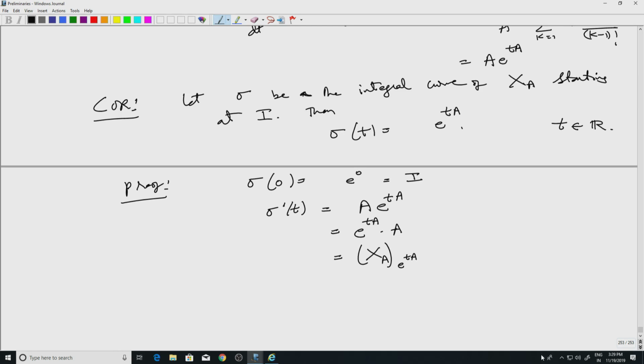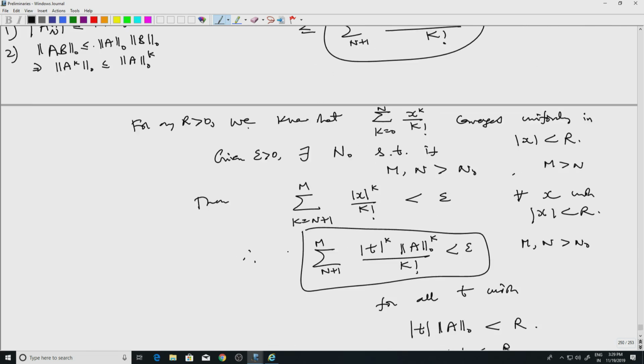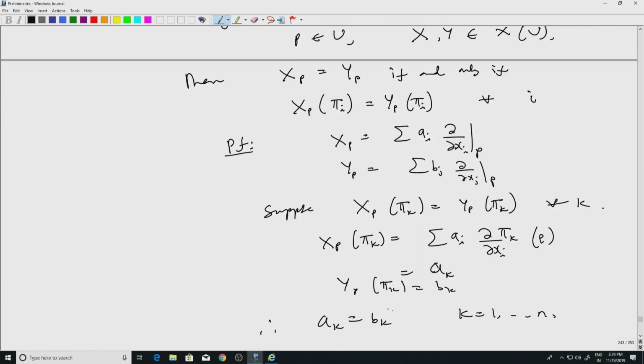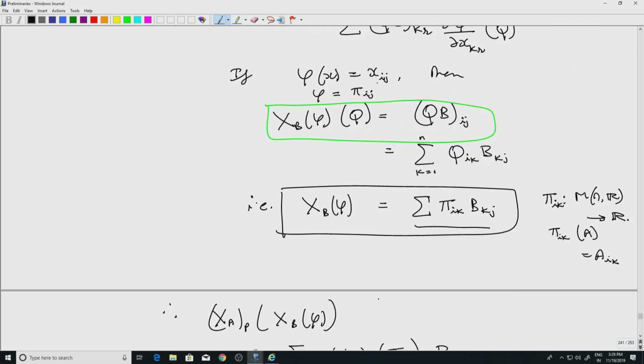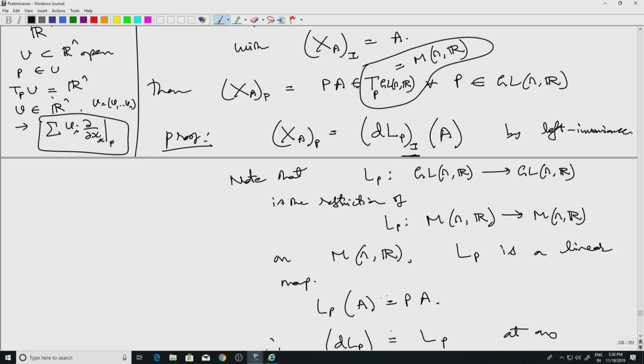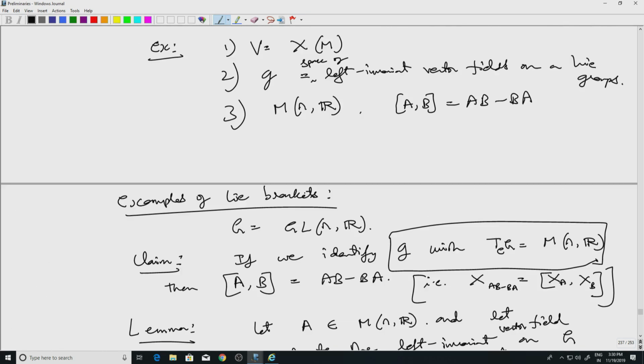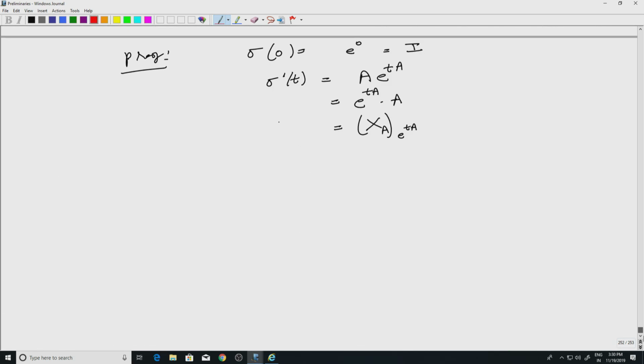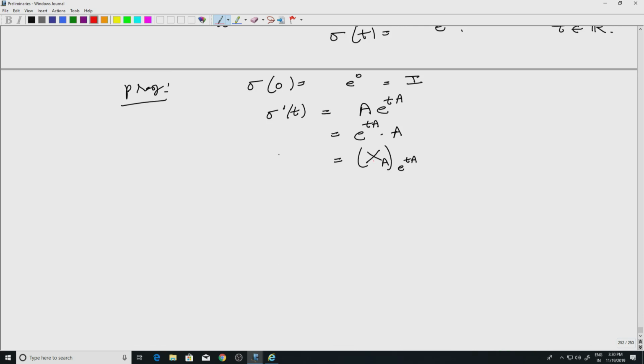So I'm just using what I proved last time, this lemma, that if we start with any a, then xa at any point p is given by pa.